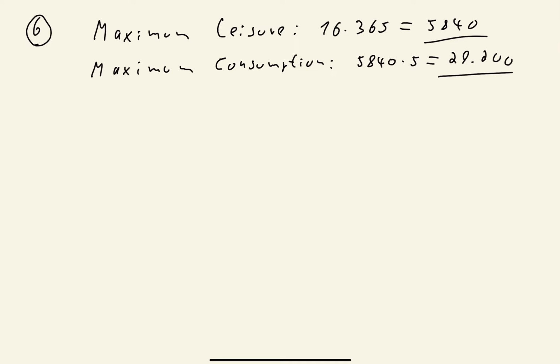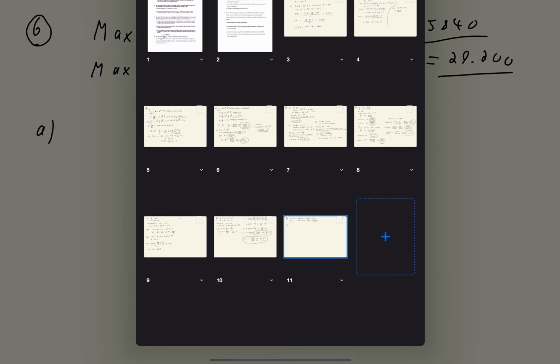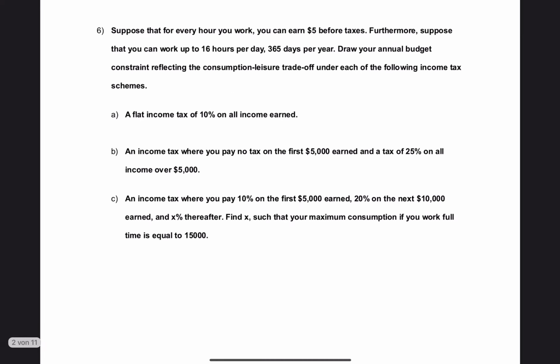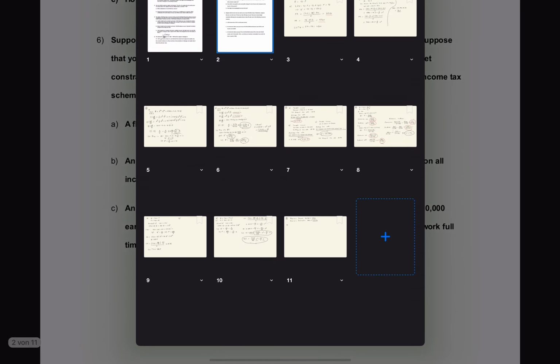So if there aren't any taxes, the maximum amount of consumption that we can have if we fully work is $29,200, and independent of whether there is a tax or not, the maximum leisure that we can enjoy is 5,840 hours. And in sub-exercise A, we are considering a flat tax of, I think it was 10%. Let me just recheck. Yes, on all income which is earned.